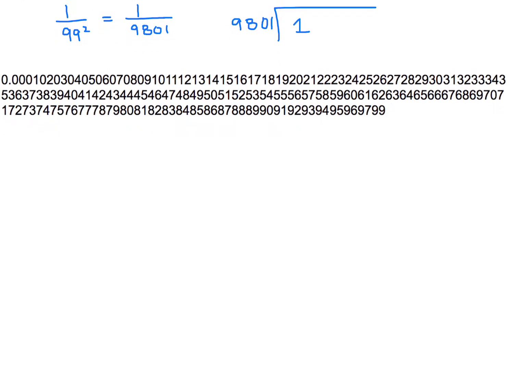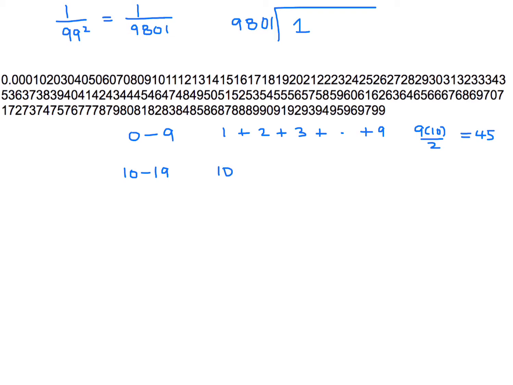Okay, so let's add up the digits. Let's make a little table. From 0 to 9, that's just 1 plus 2 plus 3 all the way till 9. That's pretty straightforward. That's just going to be 9 times 10 over 2, which is 45. And then from 10 to 19, again, each of these is going to be valid, but you're also going to have a 1 in each of those digits. You have a 1 in 10, 1 in 11, like that.